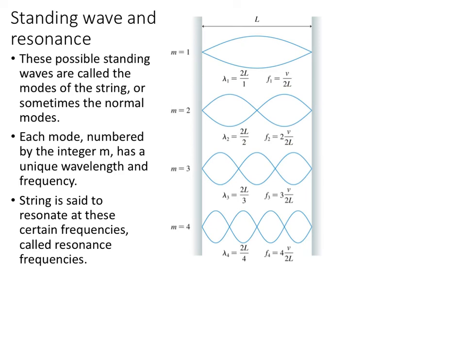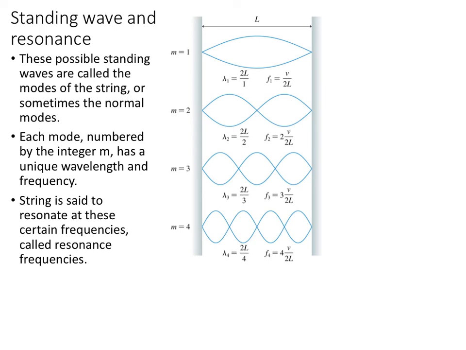So this is just showing the harmonic series up to m equals 4 for a particular string. So for m equals 1, remember my boundary conditions: I have to have nodes on the ends for a stringed instrument. So for a guitar or a cello or a piano, the string is tied down at both ends.